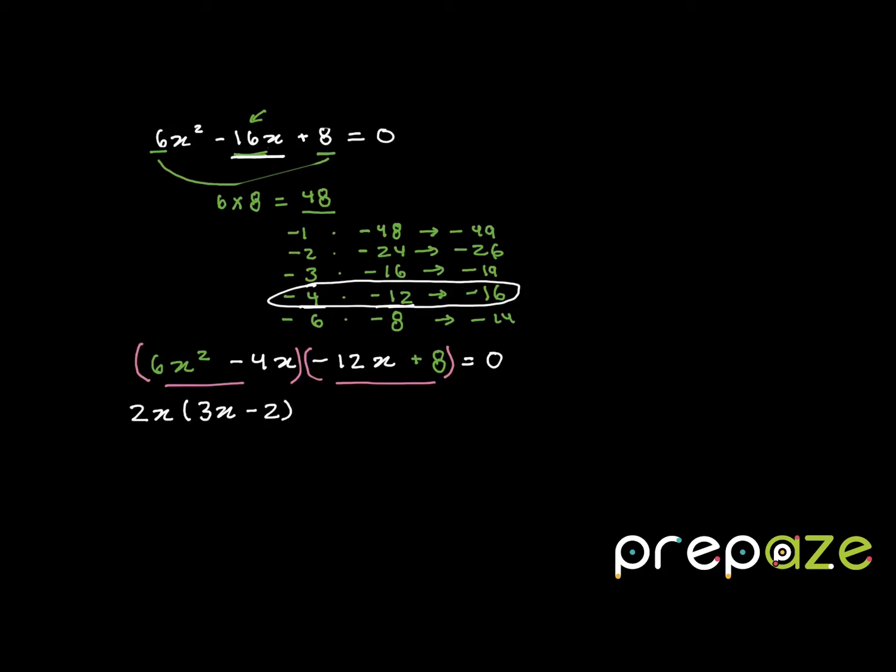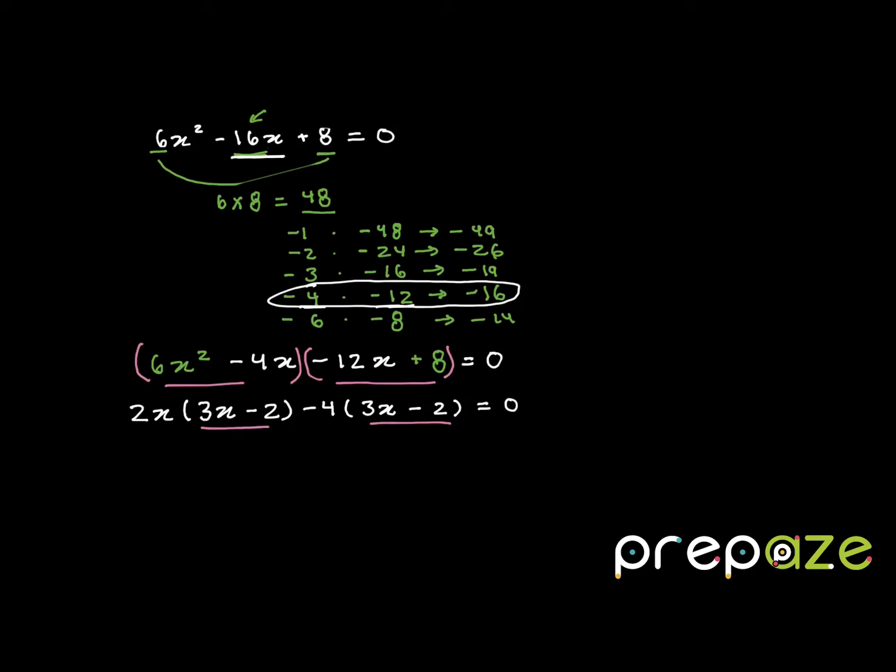And I'm going to do the same thing here. For negative 12x plus 8, the factor that I'm going to factor out, because it is beneficial when our x value is actually positive, I'm going to factor out a negative 4. So when I factor out a negative 4, I'm left with 3x minus 2, which is all equal to 0. Now, if you notice here, this term and this term are actually the same, which is exactly how we want it to be.